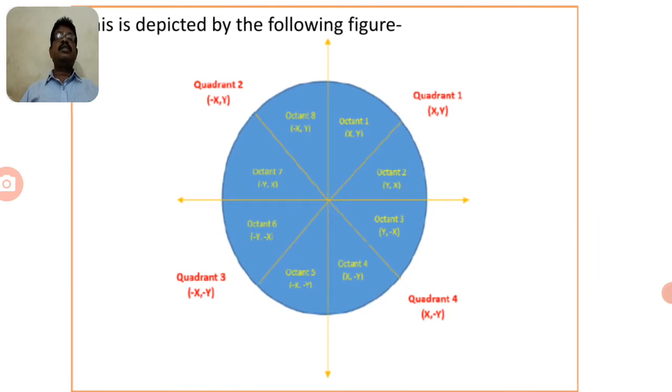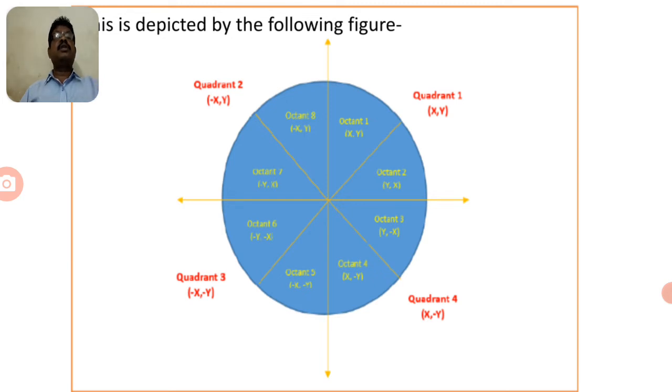Here the x-axis and y-axis each have positive and negative values. You can observe quadrant 1, quadrant 2, quadrant 3, quadrant 4. So the 4 quadrants make up one circle, and the quadrants are identified in the anti-clockwise direction.